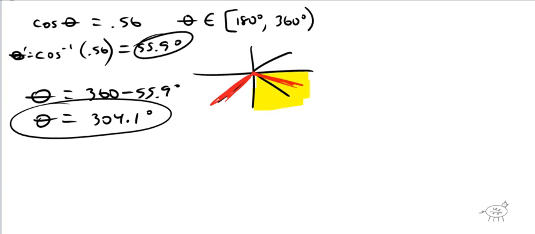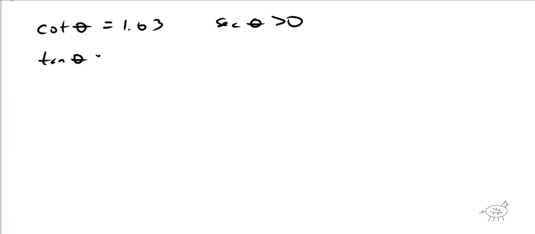I've got a couple more to do with you guys. Let's do cotangent of theta is equal to 1.63 and secant of theta is greater than 0. Another restriction. I have to rewrite this because I don't have an inverse cotangent button, so tangent of theta is equal to 1 over 1.63.